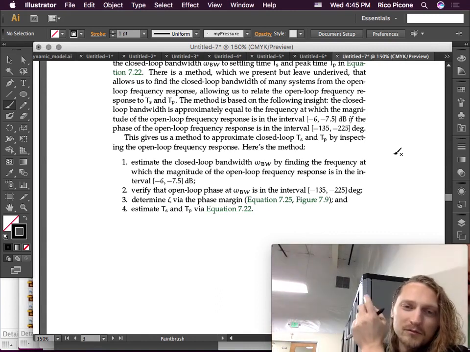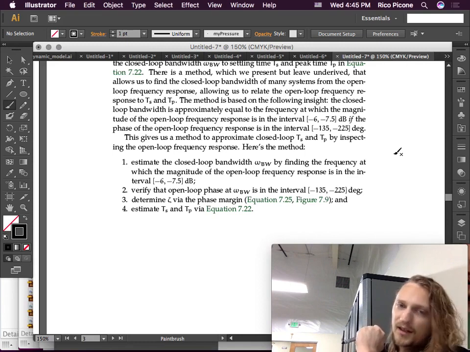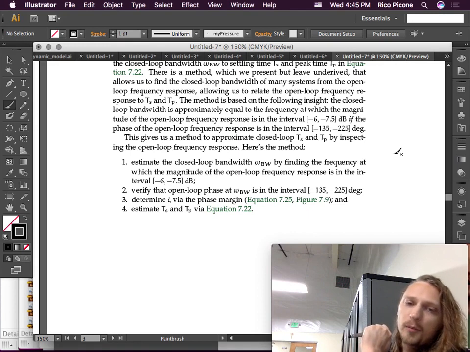So, step 1, estimate the closed loop bandwidth, omega BW, by finding the frequency at which the magnitude of the open loop frequency response is in the interval -6 to -7.5 dB. Step 2, verify that the open loop phase at omega BW is in the interval -135 to -225 degrees.